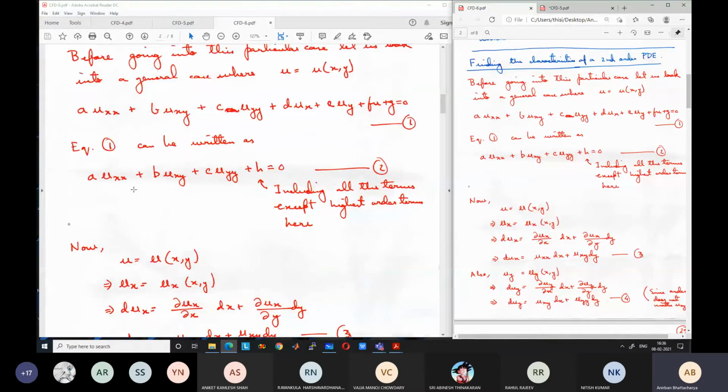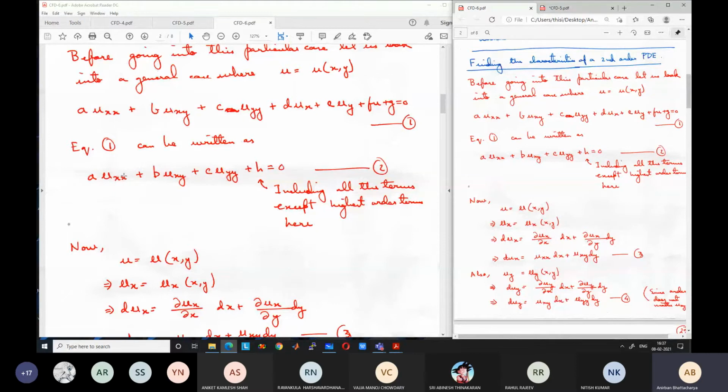If we try to solve for them, there may be situations where the solution does not exist. We have discussed that if the solution for the highest order terms does not exist, those regions are known as characteristics, or characteristic lines. The lines where these highest order derivatives do not have a solution are known as characteristic lines.